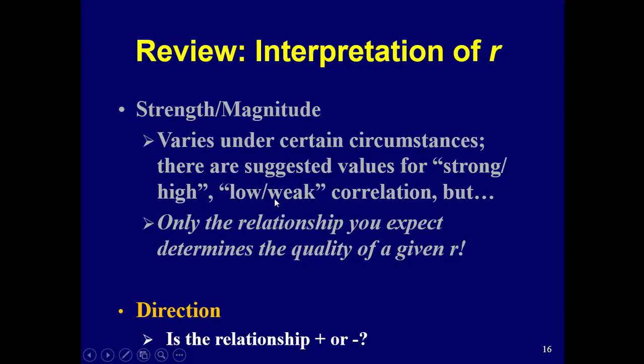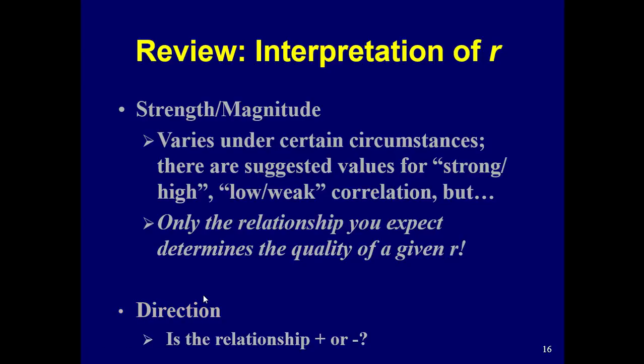I think it's best to use the interpretation sheet that I've posted on Moodle for you, which gives you an idea, for example, that a correlation of +0.7 or -0.7 would both be considered strong or high correlations, whereas when we get down to the 0.3 range, those are lower correlations. They're weaker, whether that is negative or positive in direction. And then obviously we have to specify the direction as well.